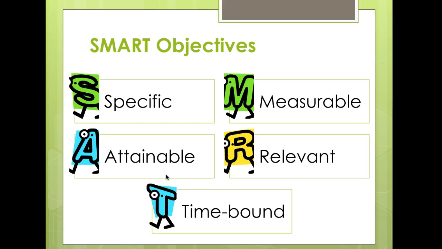Is it reasonable within their scope of skill and ability after learning it that they're going to be able to meet the objective through the lesson? Is it relevant to the lesson? Is it relevant to their lives? Is it relevant to the world at large? If you think of text to self, text to text, and text to world, that's kind of the same routine. It has to be relevant across all levels. And time-bound. Can it be done in a reasonable amount of time?